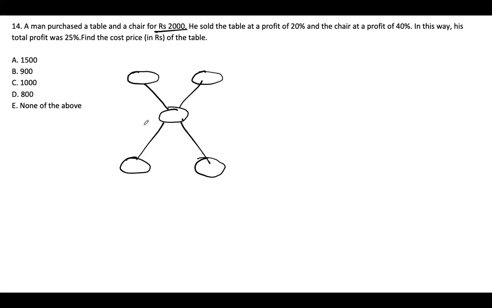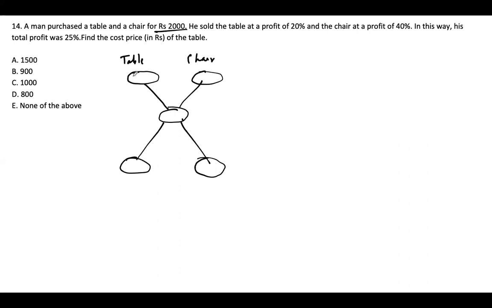A man purchased a table and a chair for rupees 2,000. So table plus chair would be 2000. Can this question be solved via allegation? Yes, that's how I did it. He sold the table at a profit of 20% and a chair at a profit of 40%.